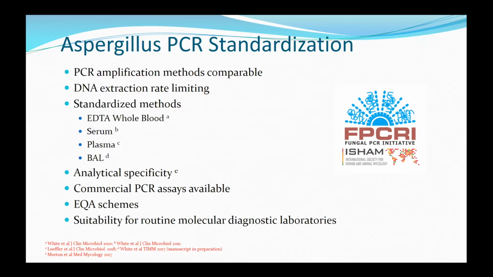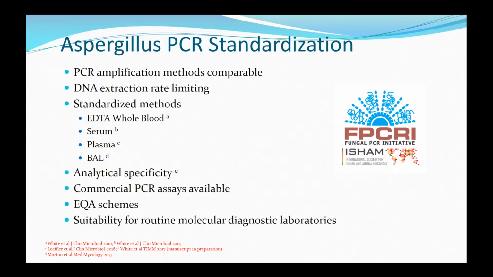What we found was that Aspergillus PCR amplification methods and performance of these methods were comparable, and actually nucleic acid extraction was the rate limiting step, and that's what required standardization. And once you've done so, you can pretty much, not guarantee, but the performance of your assays is generally going to be on par and consistent between centers.